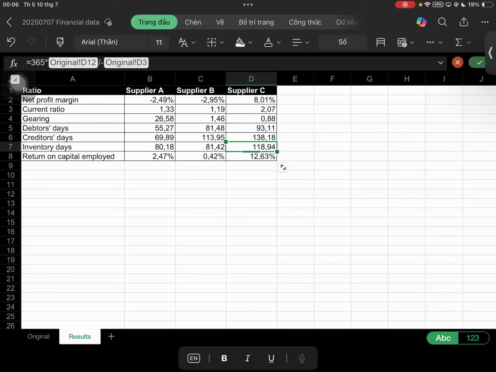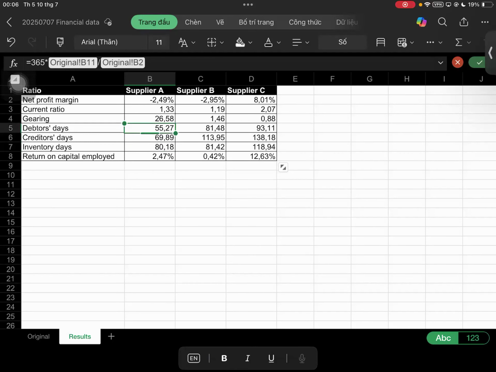I need to note that all of these three suppliers work in the same industry, so their performance is comparable. With these numbers, supplier A has pretty good inventory management and also pretty effective debt management.